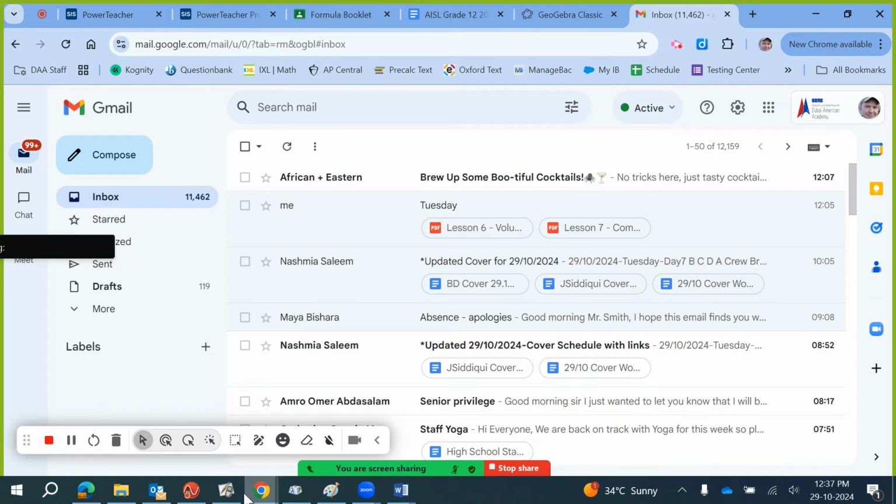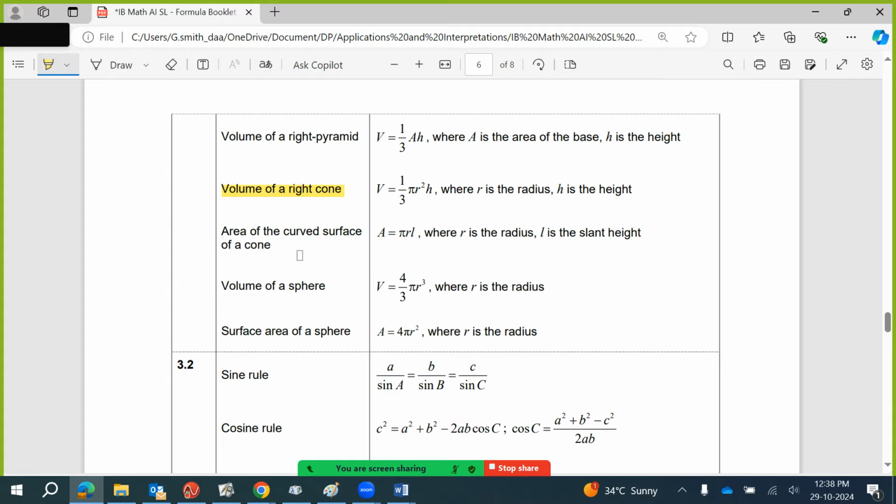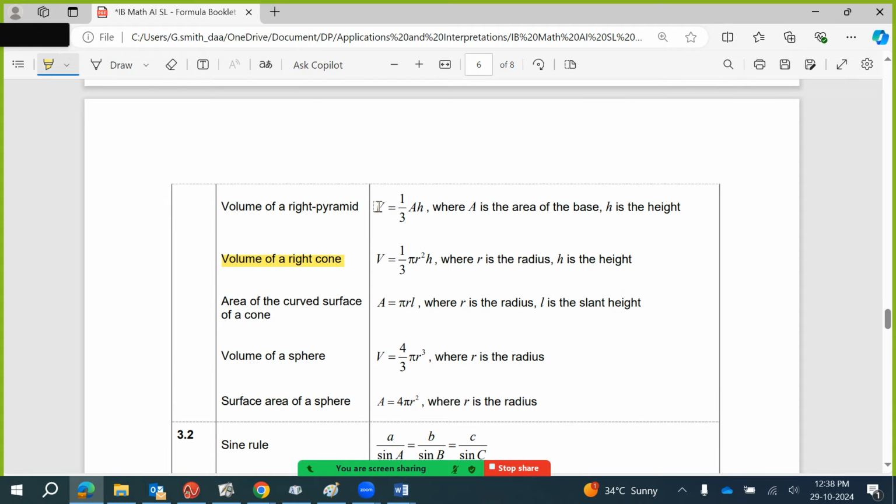Any solutions to these ones? So we've got 2 problems to solve here now. Our first one is a right pyramid. So how do we find the volume of the right pyramid? Let me pull up the formula sheet for this one. So we want this one. It's 1/3 times the area of the base times the height.